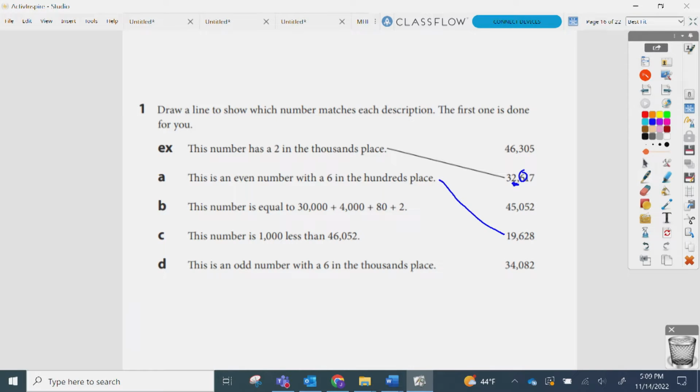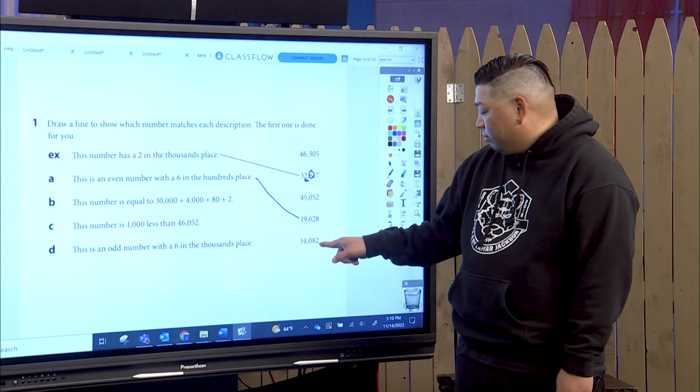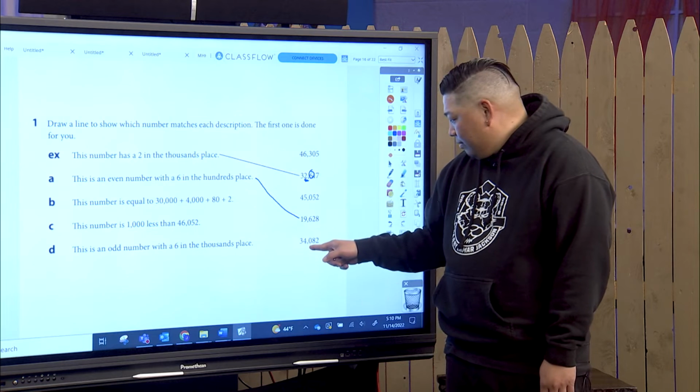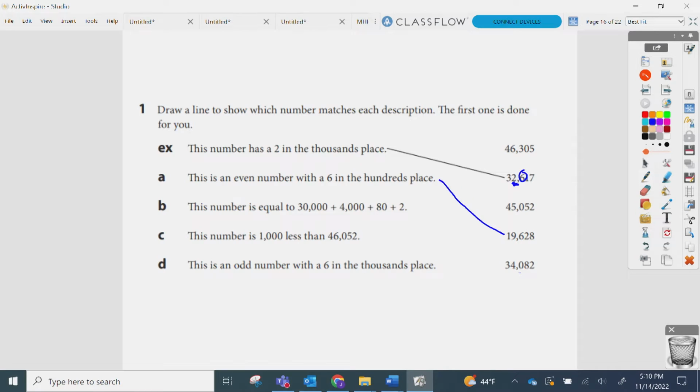If you go down to the bottom, I see one, so that might be it. Let's double check. Next clue: 4 in the thousands place. Nothing in the hundreds place, so that would be a 0. Then an 8 in the tens and a 2 in the ones. I think we got it. Boom! Awesome.